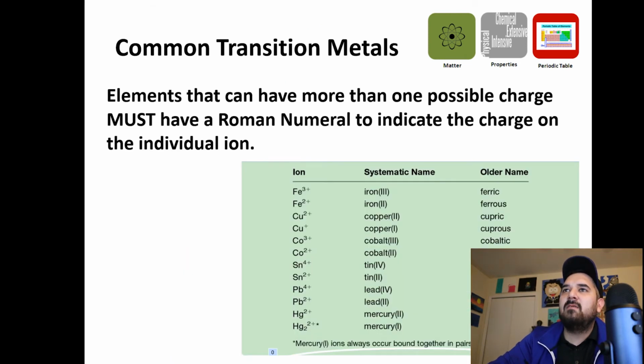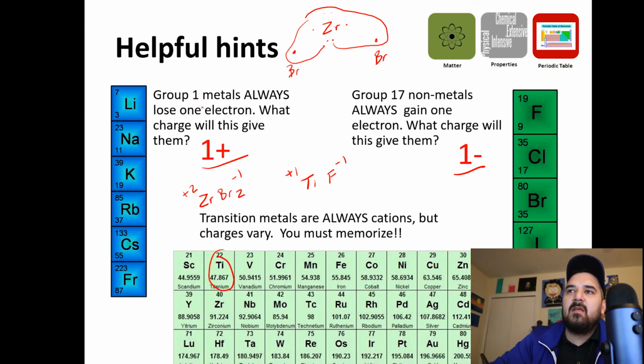All right, let's move on. So elements that can have more than 1 possible charge must have a Roman numeral to indicate the charge on the individual ion. So let's go back for a second. What they're talking about there is when you write it out. So let's go ahead and write out the nomenclature for this.